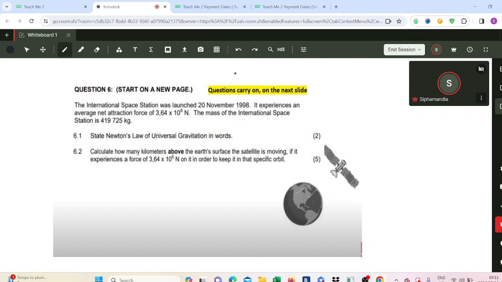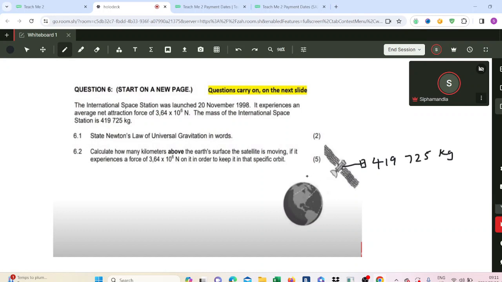So the space station here is basically the satellite, and that's the first thing we have to understand.